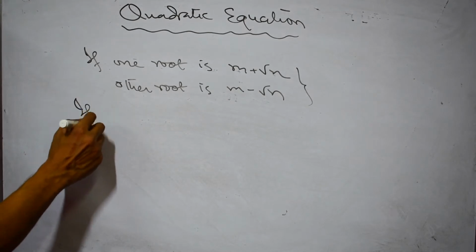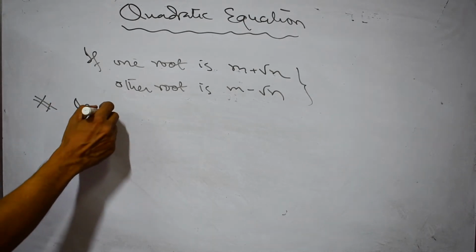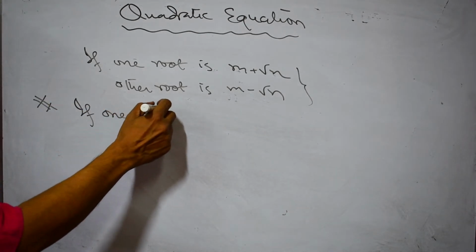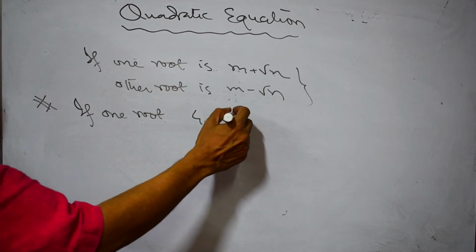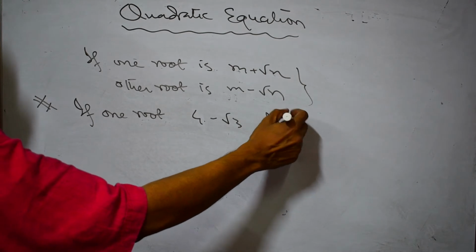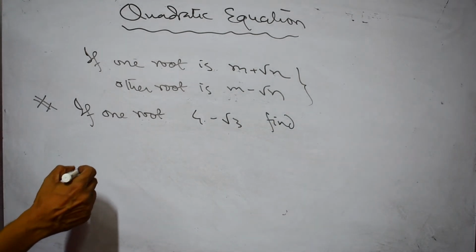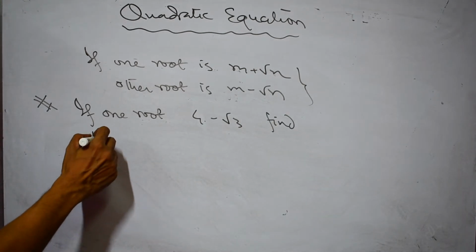So if I ask you, for example, if one root is 4 minus root 3, then find the equation. One root of a quadratic equation is 4 minus root 3, find the equation.